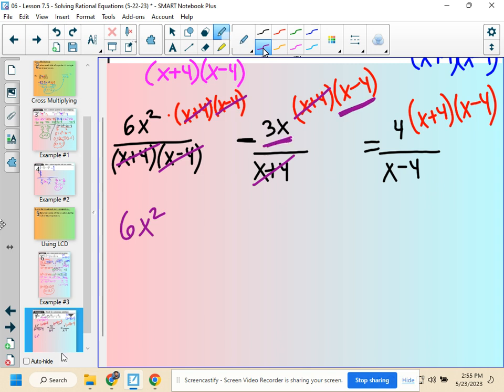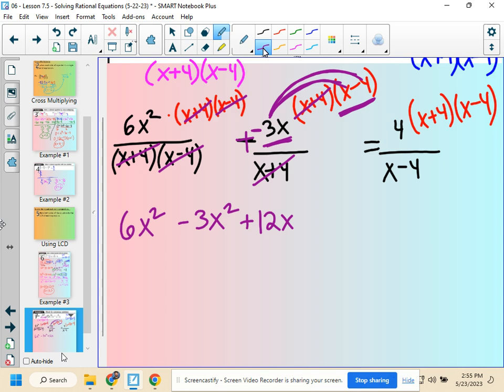And actually what I can do here is just assign the negative to the 3x like that, and it'll take care of the signs when I distribute. So what do I get here? Negative 3x times x, which is negative 3x squared. That was the first multiplication. And now negative 3x times negative 4, which is positive 12x.